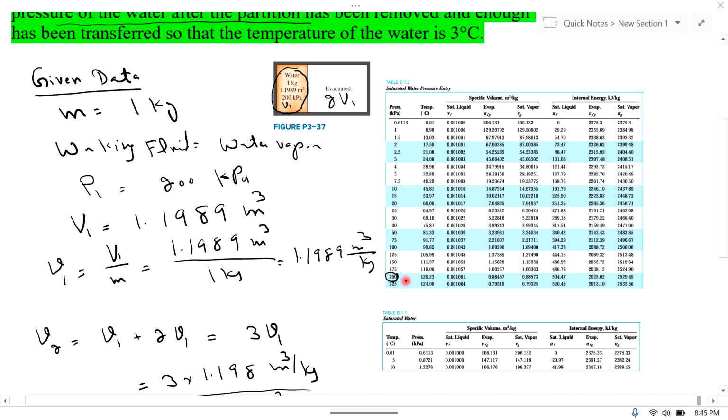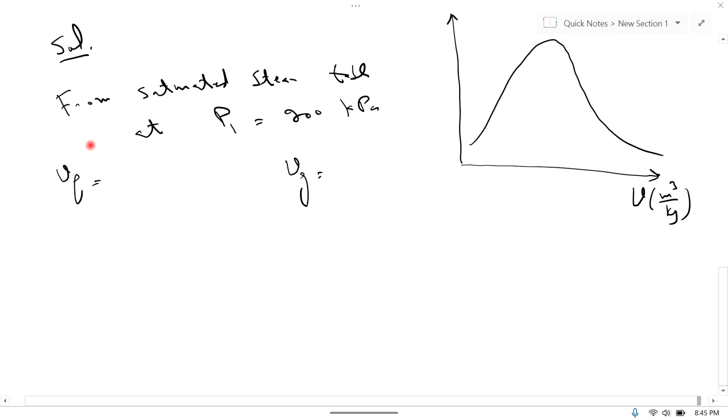In front of this, Vf is 0.001061 and Vg is 0.88573. Vf is equal to 0.001061 meter cube per kg, and Vg is equal to 0.88573 meter cube per kg.